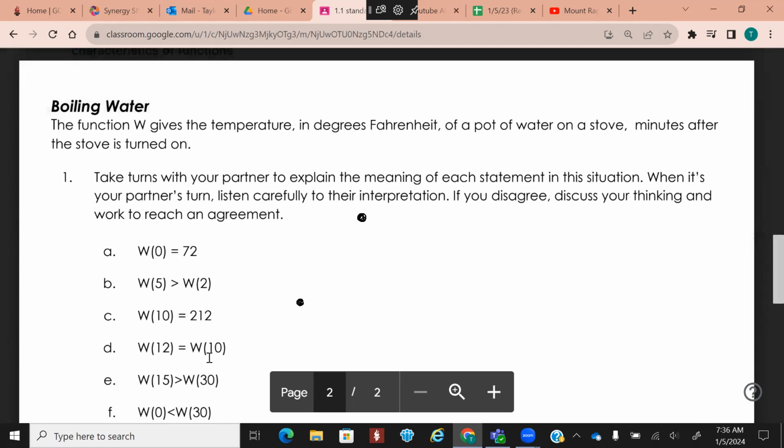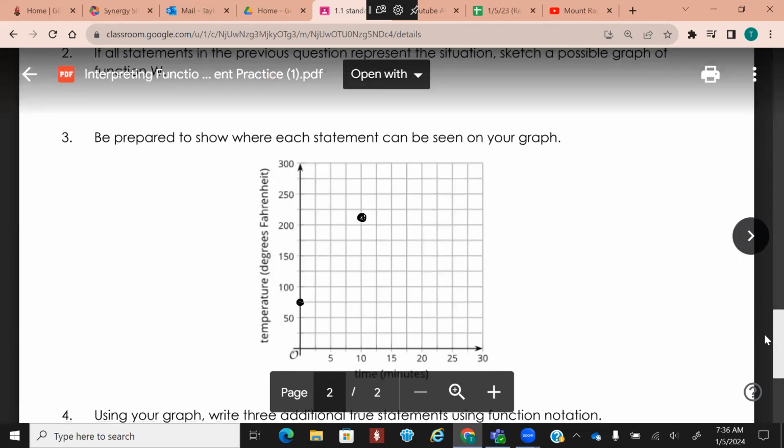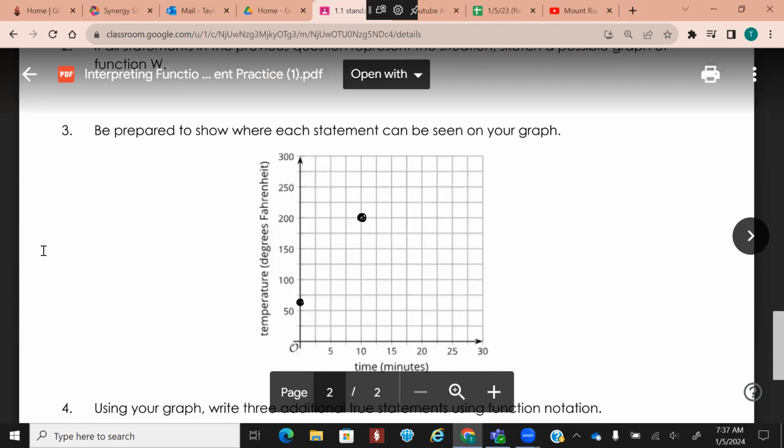Do you leave your stove on forever? No, we probably turned it off. Looking down here, when we sketch a graph, and this is just a potential graph, we know that it's going to increase sometime from here to here. And then at 10 and 12 minutes, it's roughly the same.